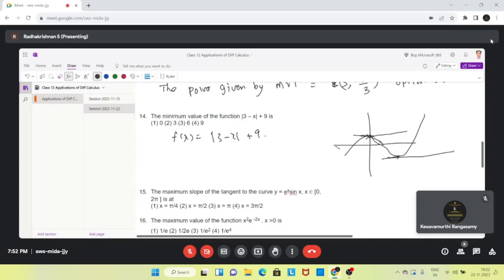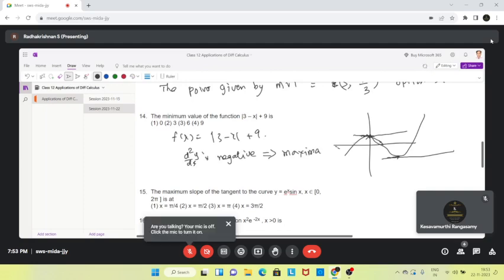So slope is decreasing means d square y by dx square is negative. Means it is maxima. At maxima, the slope is going on decreasing. Similarly, when this is positive, it will be a minima.